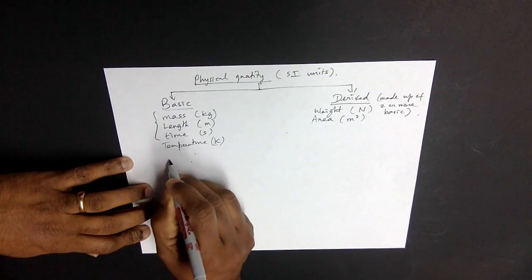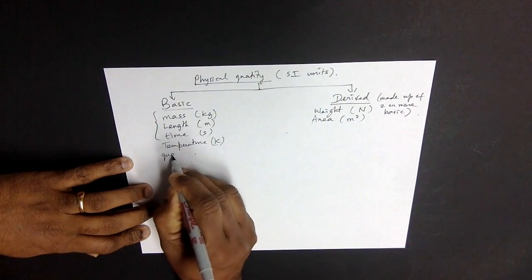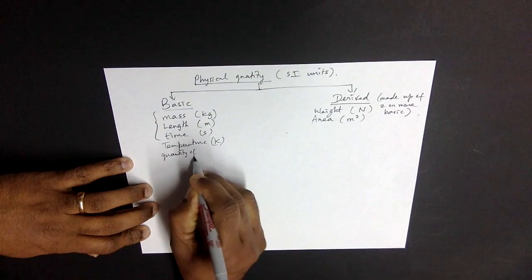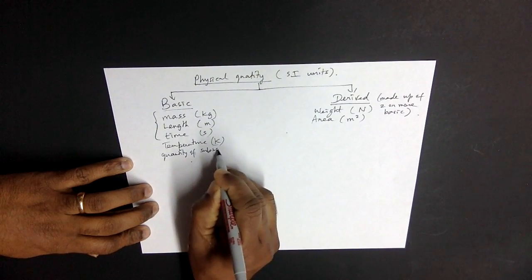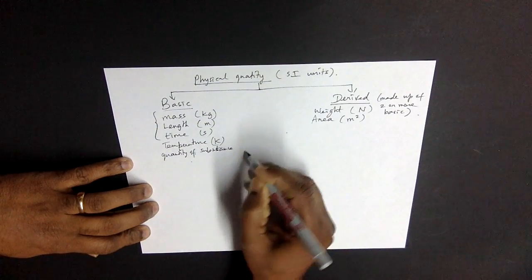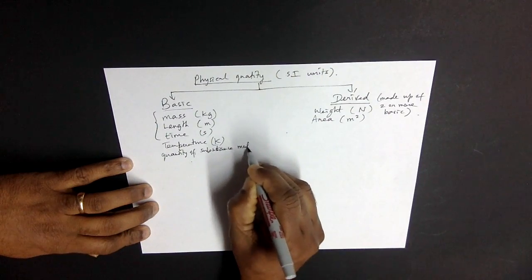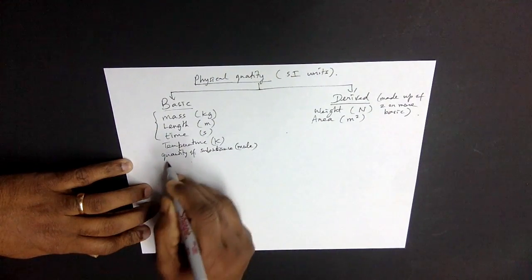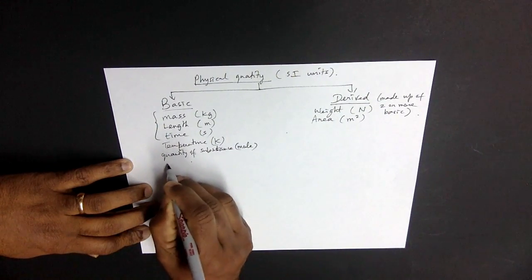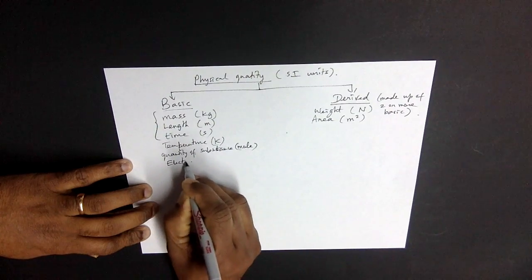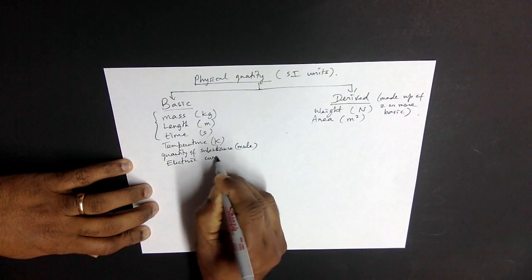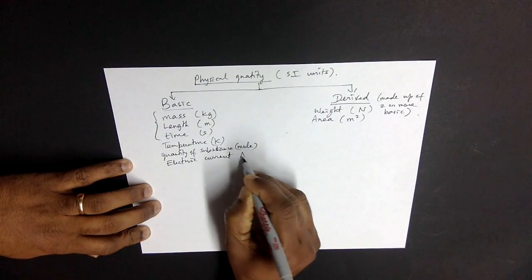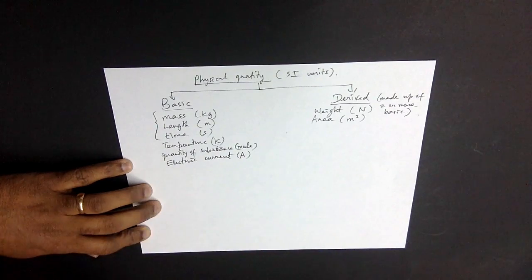And the other quantities are quantity of substance. Quantity of substance is measured in moles. And then electric current. Electric current is measured in amperes.